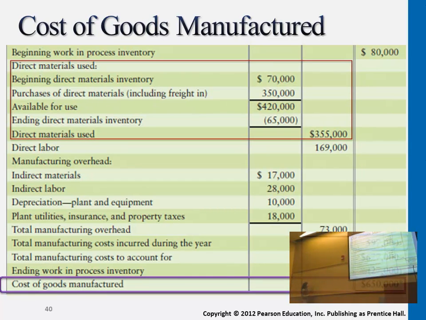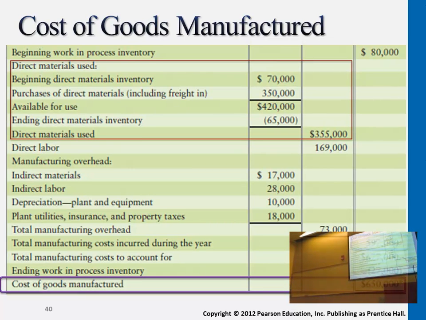Adding these two up, minus this, we get the actual materials used this year. This is the first part of the manufacturing cost calculation. First step, what is the direct materials used? $355,000.